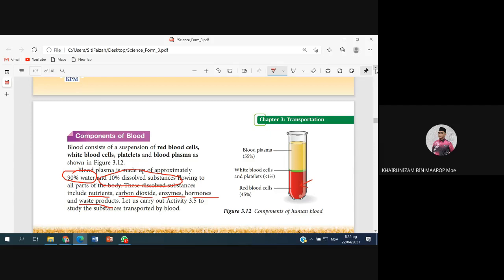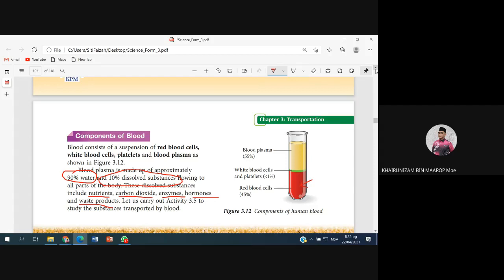The white blood cell has a nucleus but does not contain hemoglobin, because hemoglobin is red. It is colorless, and made in bone marrow as well, like the red blood cell, and the lifespan is only a few hours. It plays a vital role in the body's defense against disease.